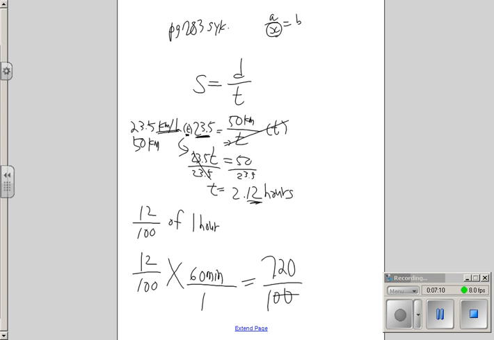Knock 2 off there, and it's actually 7.2 minutes. Hold on, how long is 0.2 minutes? Well, 0.1 minutes, a tenth of a minute, is 6 seconds, so 0.2 minutes would be 12 seconds. So we can say 7 minutes and 12 seconds.